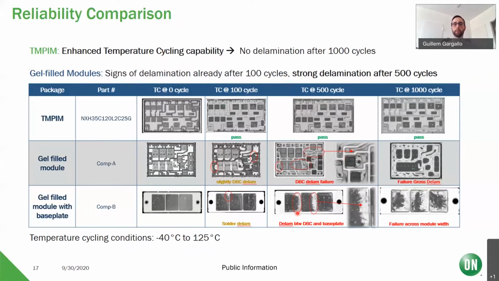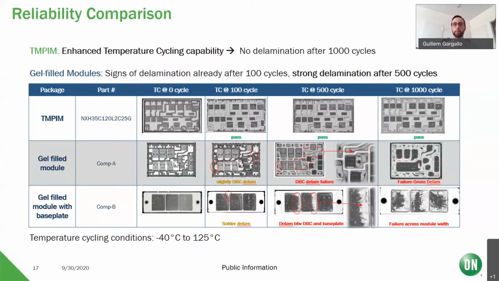Continuing with the cycles, we stop after 1000, where we can see no signs of delamination whatsoever on the transfer molded PIM. The picture looks very similar to the initial one, if not the same. In the gel film module without the base plate, there is strong delamination on the die attach.